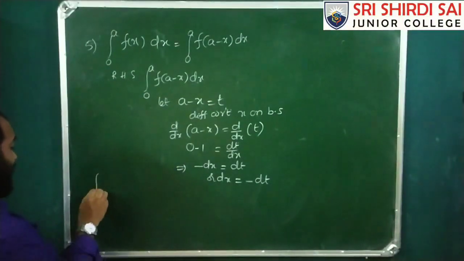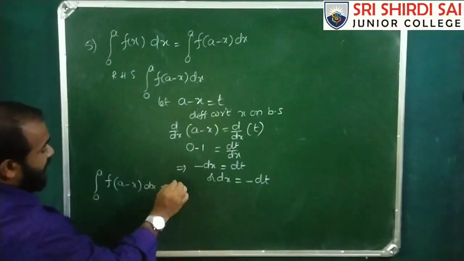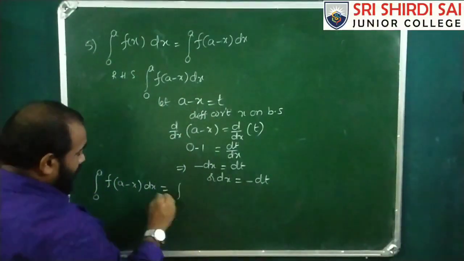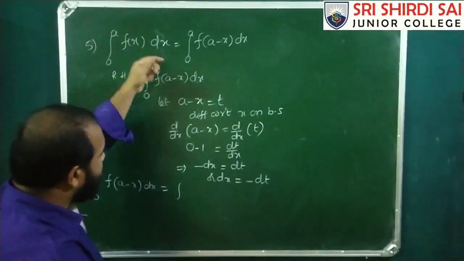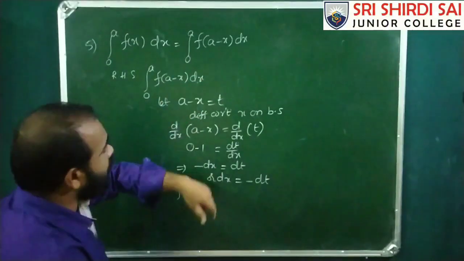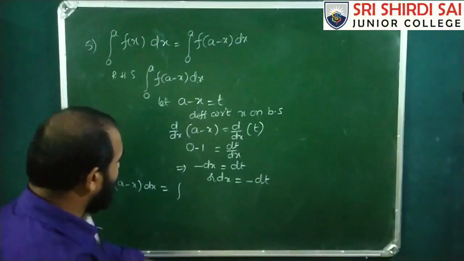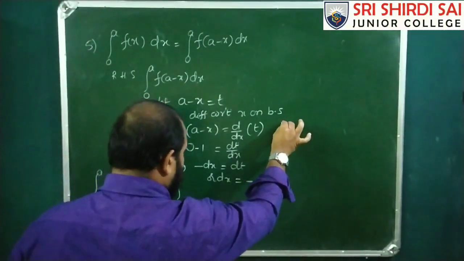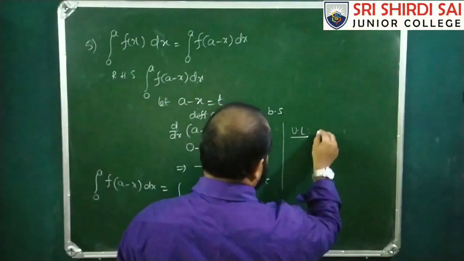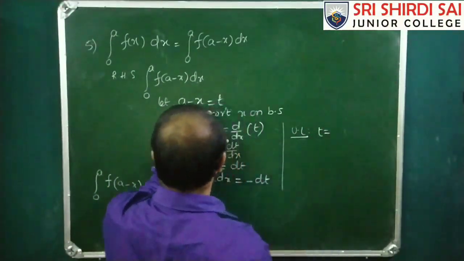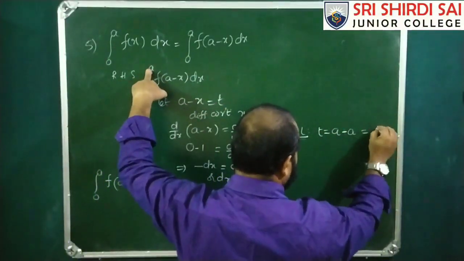So now integral 0 to a f of a minus x dx, let us consider this. Now 0 to a are the limits of the earlier variable of integration x. Now the variable of integration is changed in terms of t. Therefore the new limits we need to find. So upper limit, t is equal to a minus x, the upper limit is a, so t is 0.